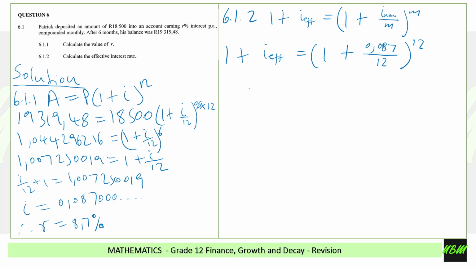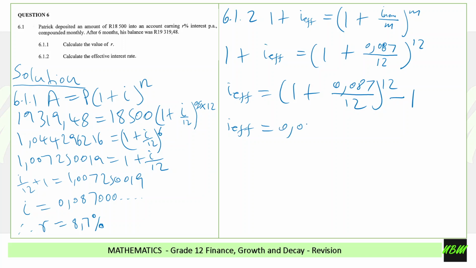Then subtract 1 on both sides. i effective will be equal to (1 + 0.087 divided by 12) to the power 12 minus 1. Then what will be i effective? Use your calculator and you should get 0.09055 4 and so on.